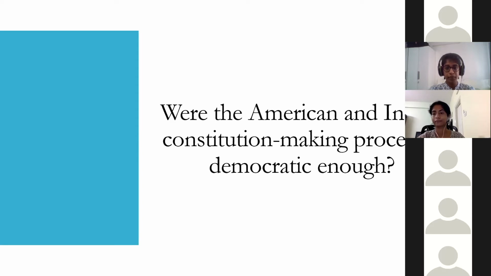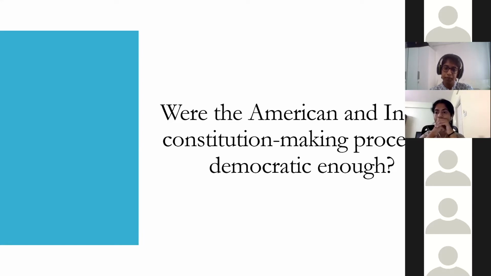To add on to Naveen's point, I'd also like to highlight where India seems to be a bit more progressive would be that the Federalist Papers were required for certain votes to come into the favor for the constitution to be adopted. While in India, it was a debated process where the representatives could voice their thoughts and debate through it.